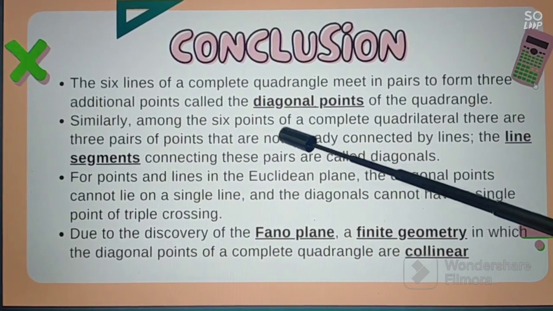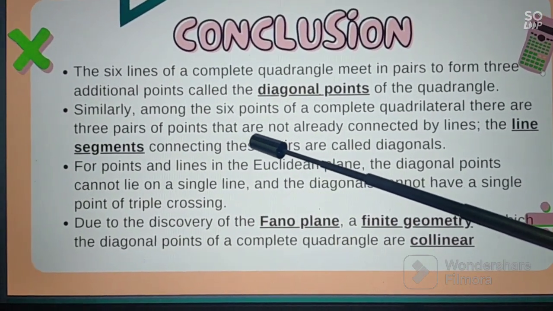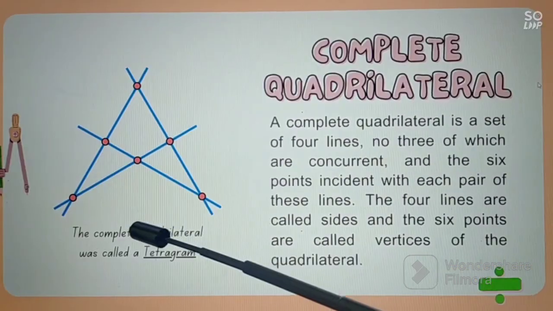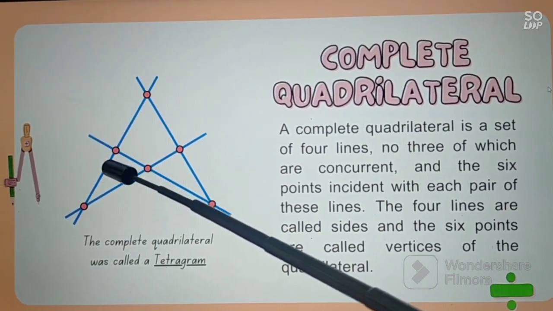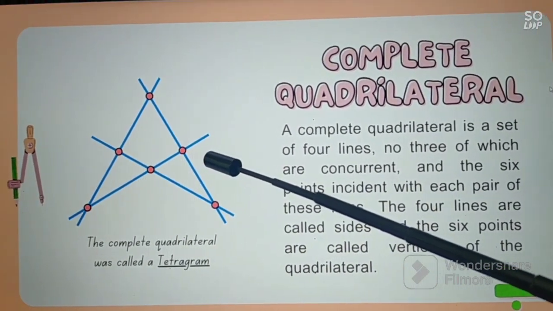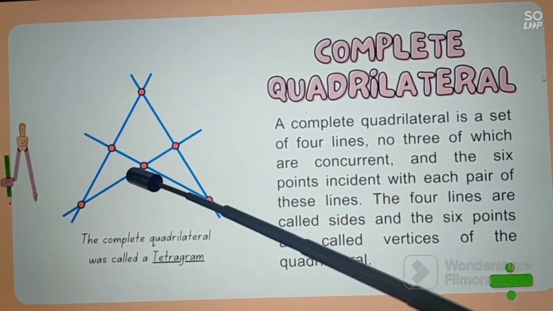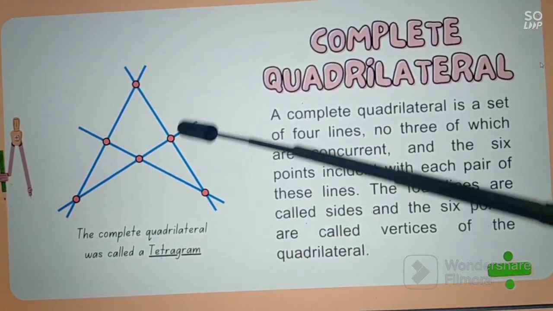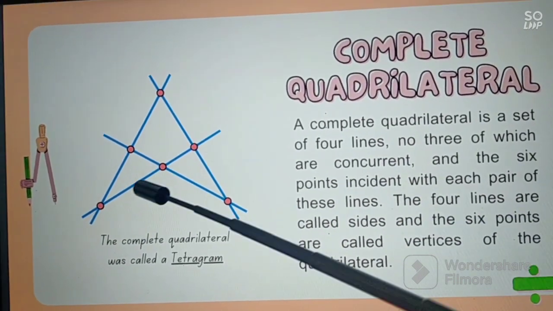Similarly, among the 6 points of a complete quadrilateral, there are 3 pairs of points that are not already connected by lines. So what are these points? They are located in the middle, these 3 points. Why? Because they do not complete one line. The first 2 points are on another line, and there is another point in the middle, and this point is on another line.